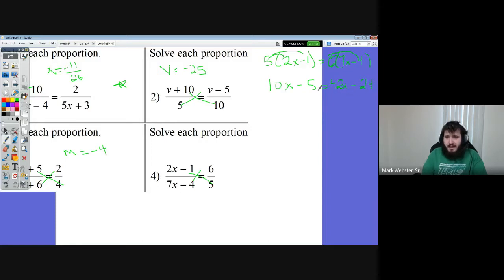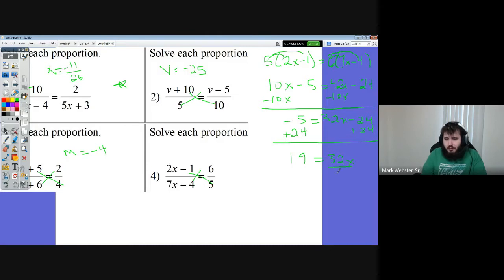Let's subtract the 10x over. Doesn't matter which way you go. Remember, you're making a choice. Either way, you're going to get the same answer. It's just, you want to always choose which way you go. 24 minus 5 is 19.